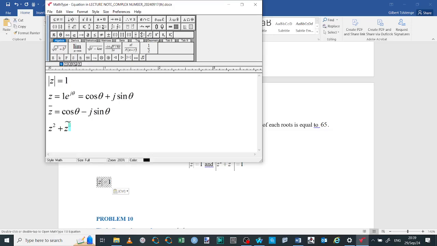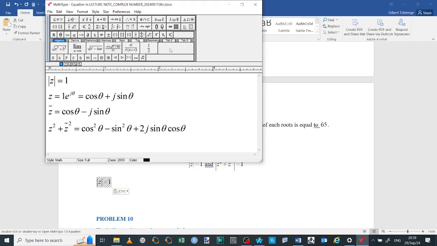Therefore, for the first one, I'll have cos squared theta minus sine squared theta plus 2j sine theta cos theta.